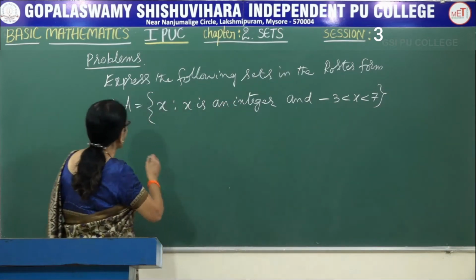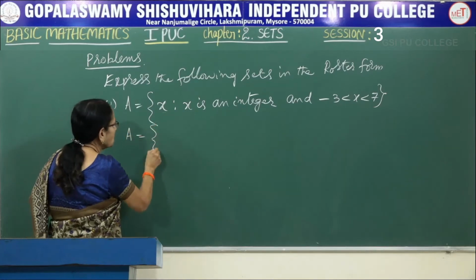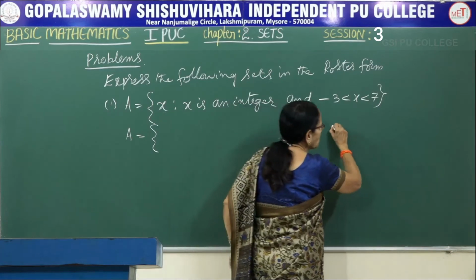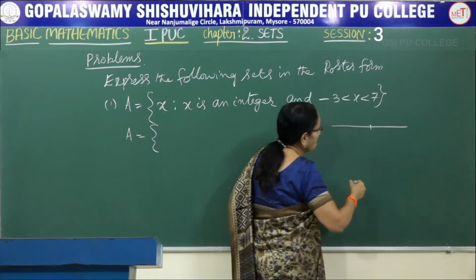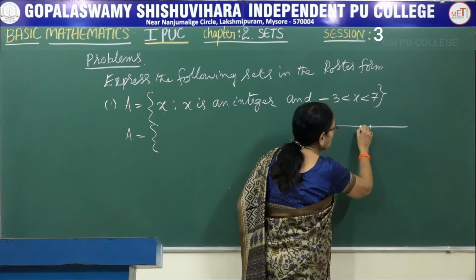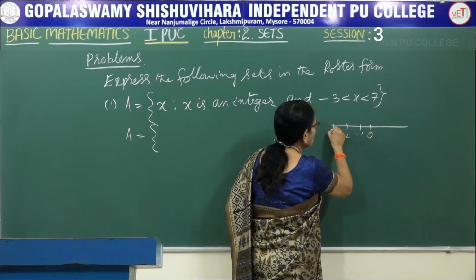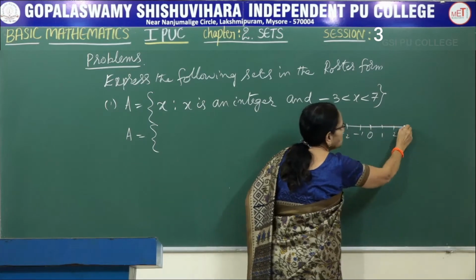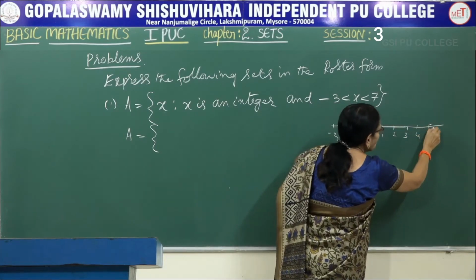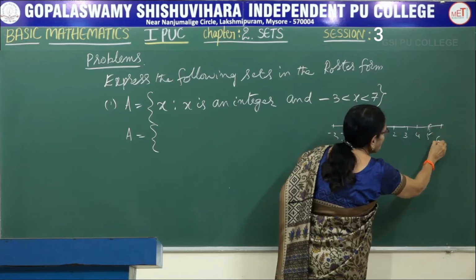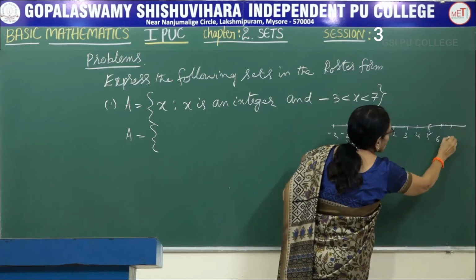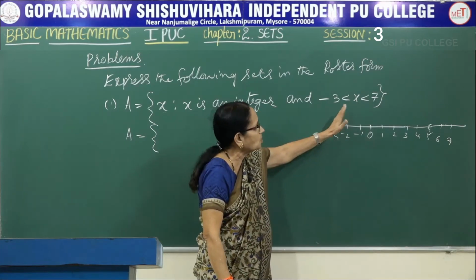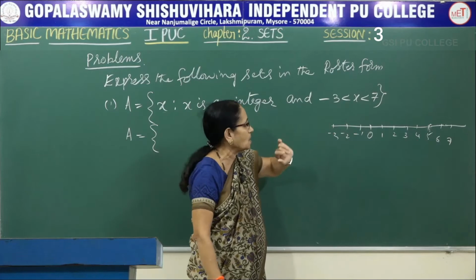Now let me write the elements. If you can write directly, well and good, or else remember the number line here. It is 0, minus 1, minus 2, minus 3. On this side, plus 1, plus 2, plus 3, like that, 4, 5, 6, 7. Okay, this is 7. Now minus 3 to 7 is given, but it is a strict inequality.